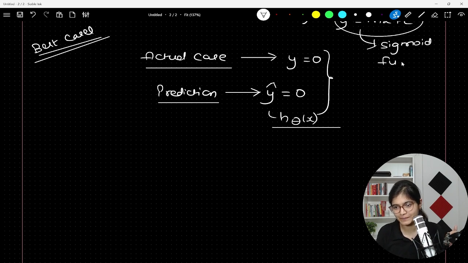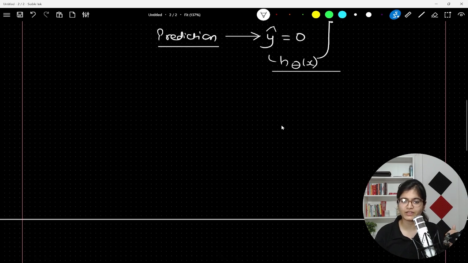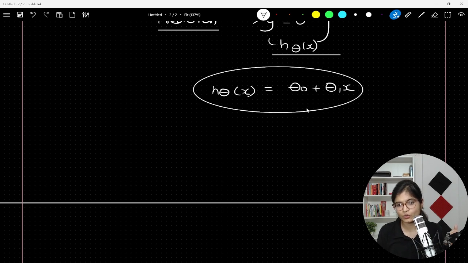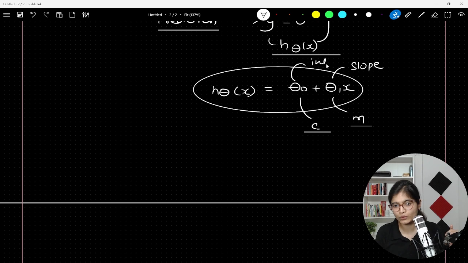But in standard websites and even in standard books, you will observe that the equation they refer to is h theta of x, which is equal to theta 0 plus theta 1 of x. So it is c, it is m, one and the same thing, meaning this is the slope they are referring to, and this is the intercept they are referring to. So don't get confused within the equations.